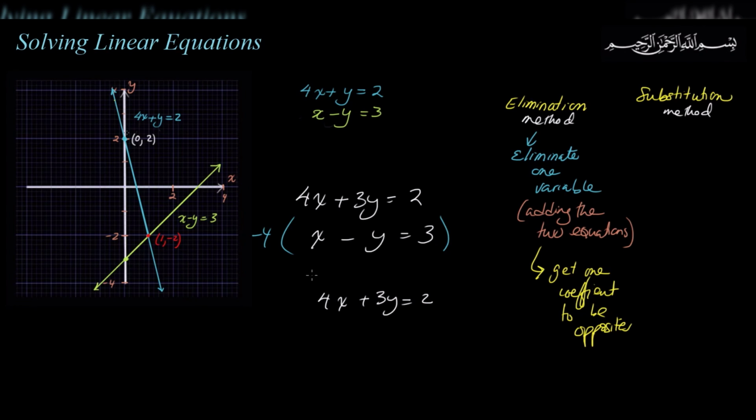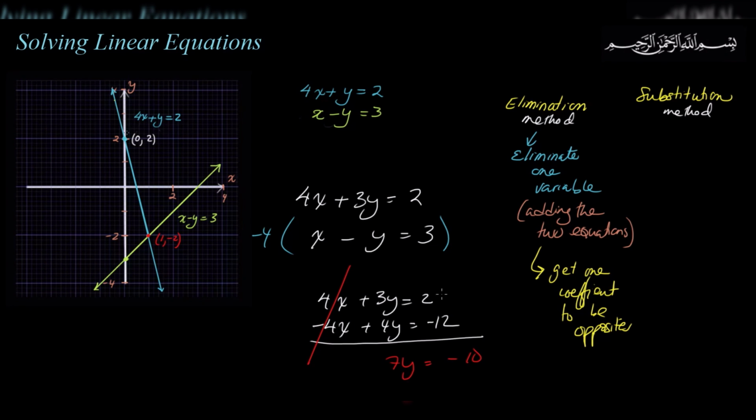And on the second one, I get -4x, -4 times -y, that's +4y, is equal to -4 times 3. Don't forget this 3 on the other side. So that's -12. Now, if I add these two, these will cancel, right? Now there we go. So 7y is equal to -10.